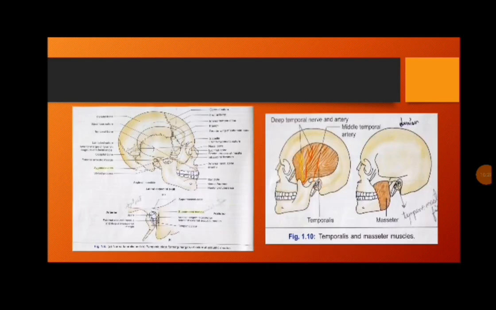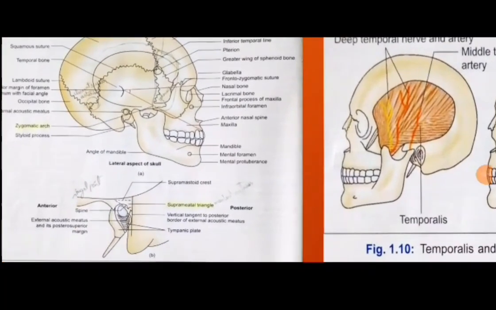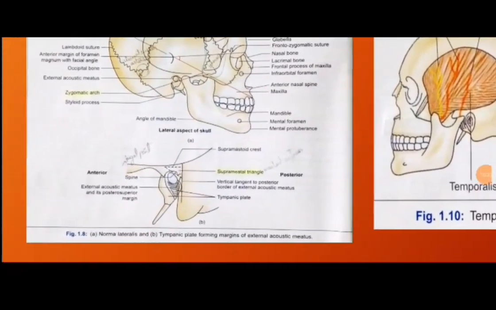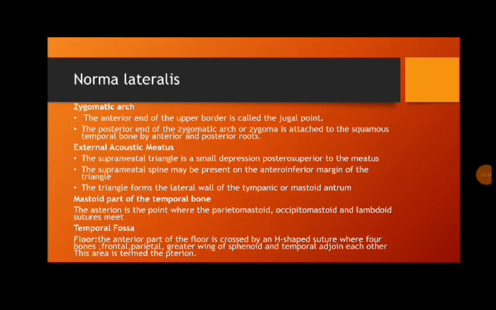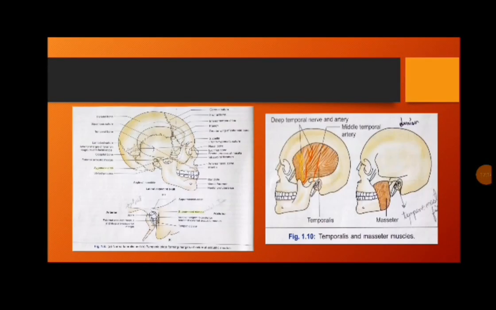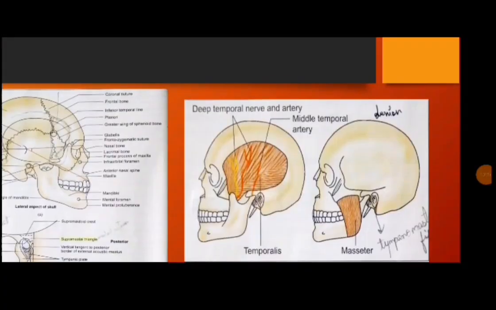Okay, can you see the suprameatal triangle? In that suprameatal triangle we can see the suprameatal spine. The triangle forms the lateral wall where sutures meet. So asterion, is it marked over here?